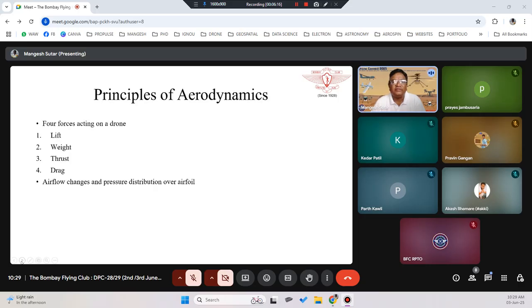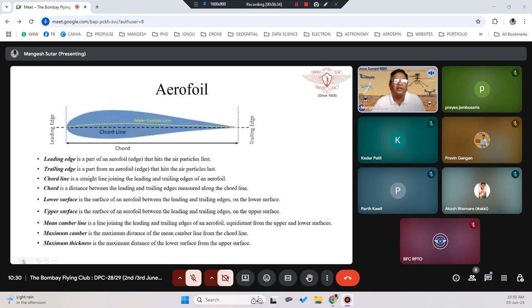So four forces act on a drone: lift, weight, thrust and drag. Airflow changes and pressure distribution over the airfoil. Since it's a fixed wing structure itself, you will always see the same concept of aerodynamics applied to the hybrid drone also.